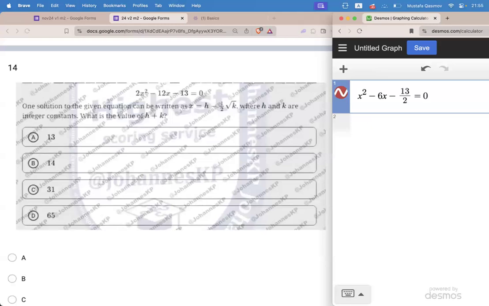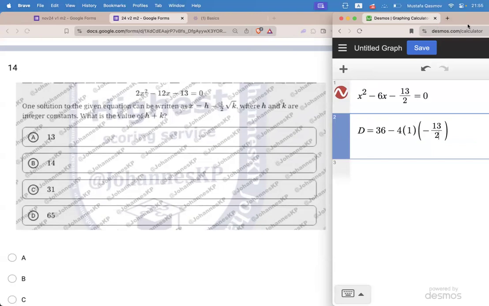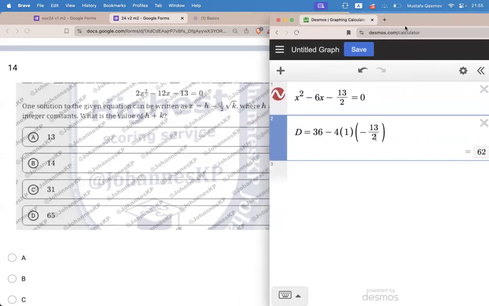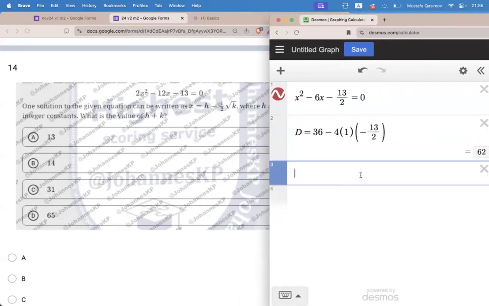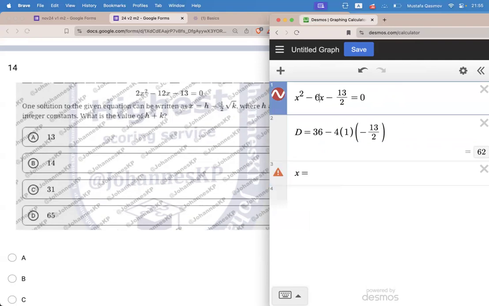Actually, you can do it with Desmos, but it is longer. It is not easy. So the best method here is the discriminant. The discriminant is equal to b squared, 36, minus 4ac. 4ac will be 1 times negative 13 over 2. So it will be 62. And then we can write x is equal to negative b. Negative b will be 6, right?